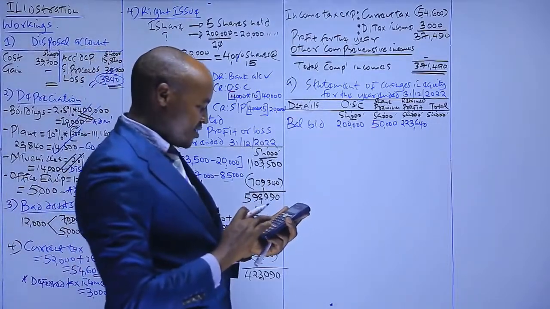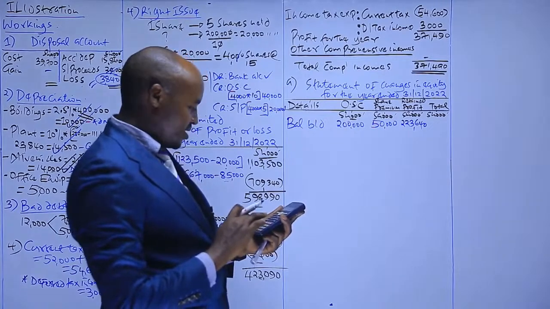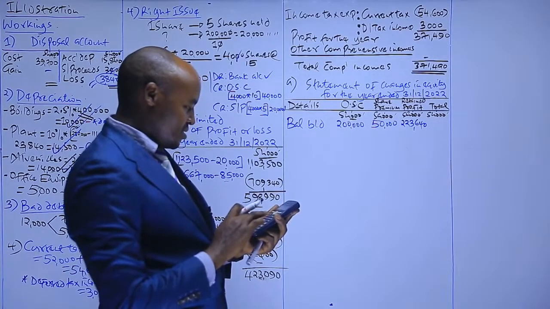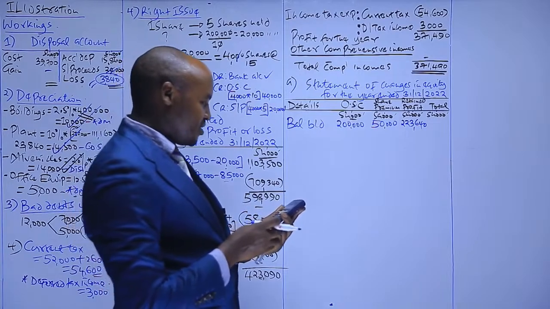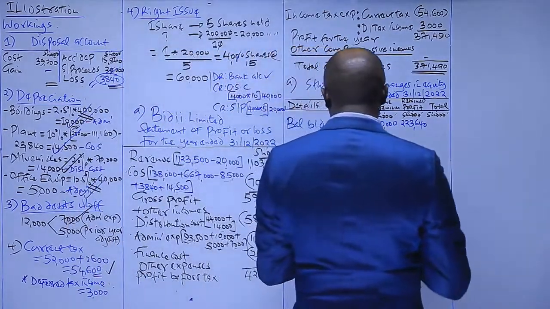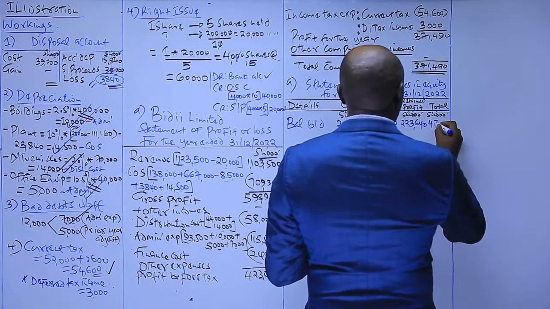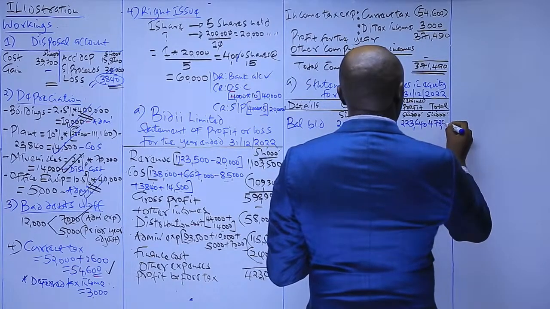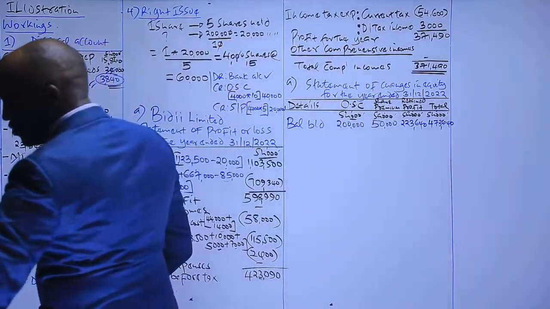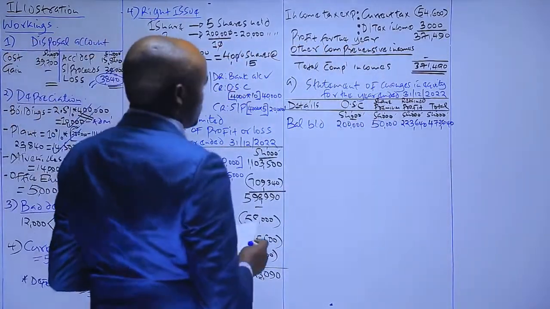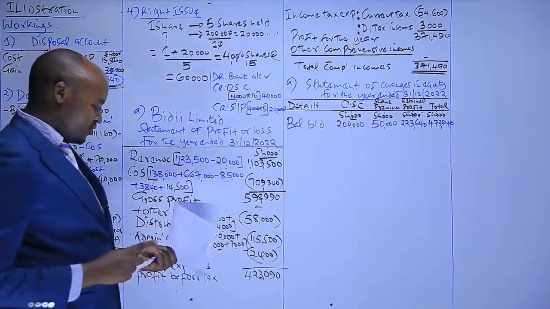So we have 200,000 plus 50,000 plus 223,640, and that will give us a total of 473,640. And then we take into account the transactions which occurred during the current year and which affected those items.